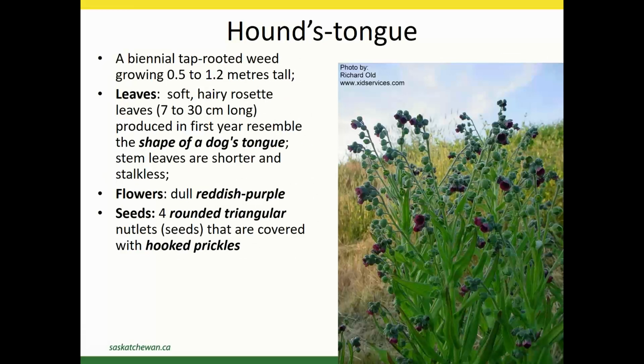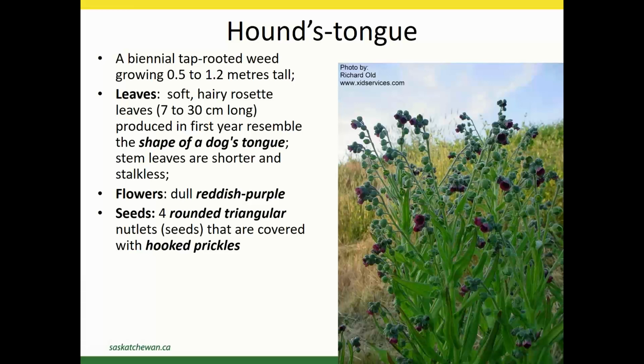Hound's tongue is a taprooted biennial that gets up to about 1 meter tall. The leaves are soft and hairy in the rosette form, and the leaves that are produced the first year resemble the shape of a dog's tongue, so they're broad and long, and have that hairy surface. Stem leaves are somewhat shorter, and they have no stalks. The flowers are a dull reddish purple color.